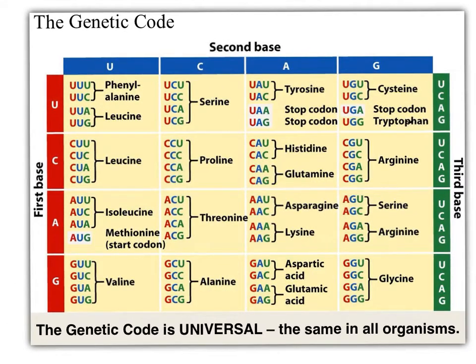Now, the genetic code, so these are the various different amino acids. There's 20 of them here. This is basically the universal genetic code. All organisms on this planet have the same genetic code. What does that imply in terms of life on this planet? Would you say life on this planet is all related to each other or not?